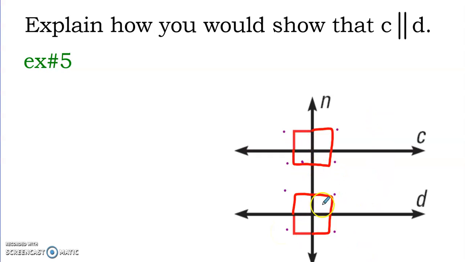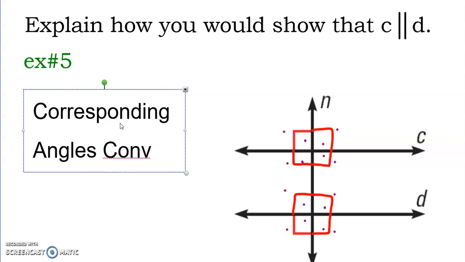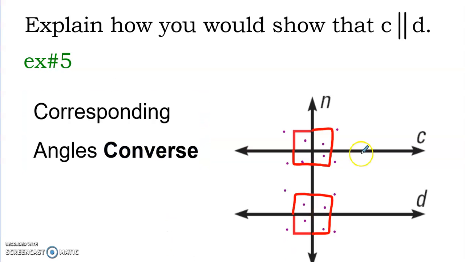Or we have alternate interior, alternate exterior, or same side interior angles that add up to 180. So it's really up to you. You could use any of the converses. It's important that you have the converse, because that's what tells us that line C is parallel to line D.